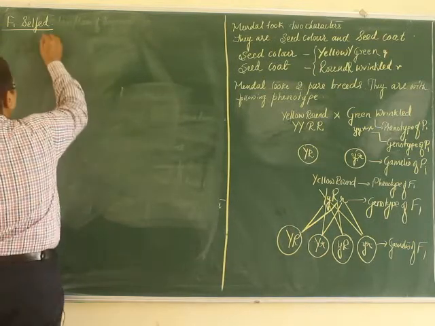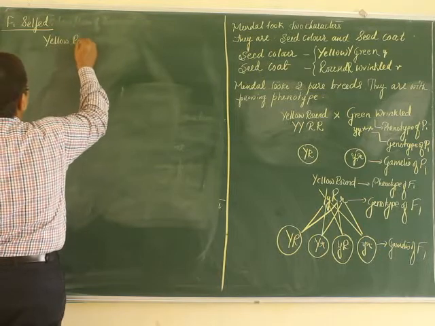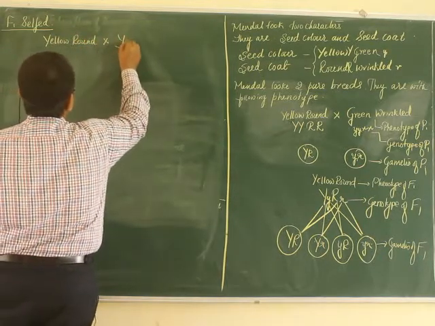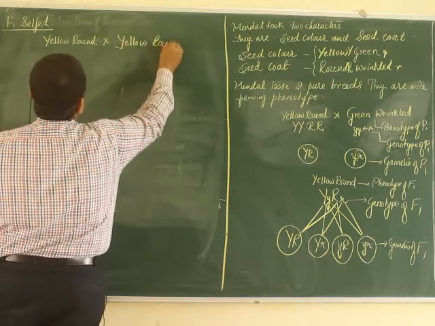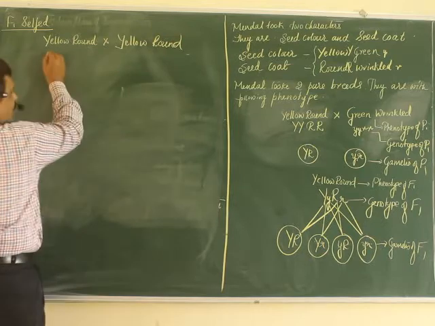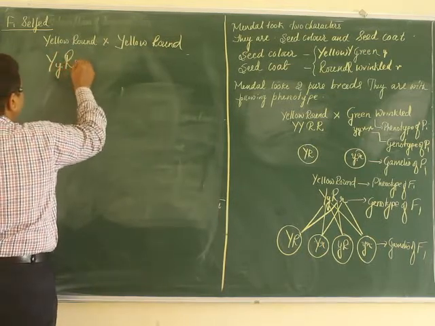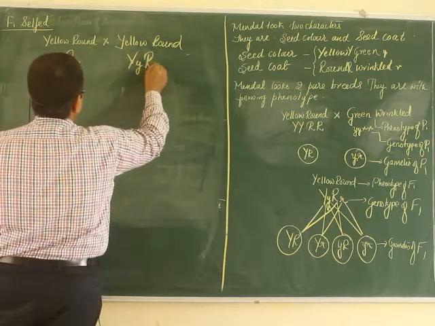So, yellow round crossed with another yellow round. So, capital Y, small y, capital R, small r, crossed with capital Y, small y, capital R, small r.